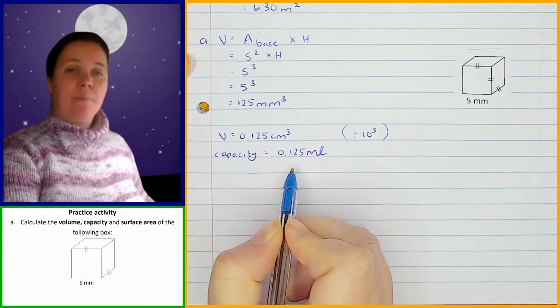So that's 2 times 64 plus 4 times 8 times 2, which is 64. That's 128 plus 64, which gives me 192 centimeters squared. So that's one way of doing it.